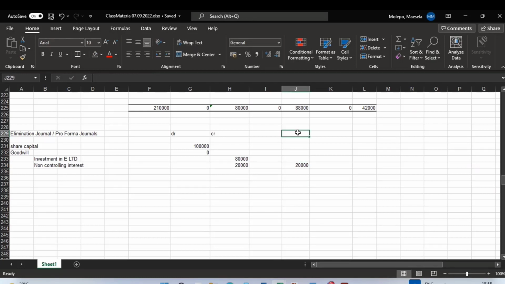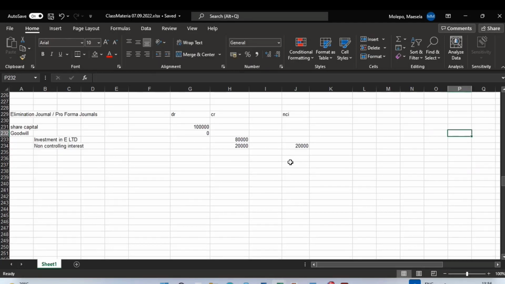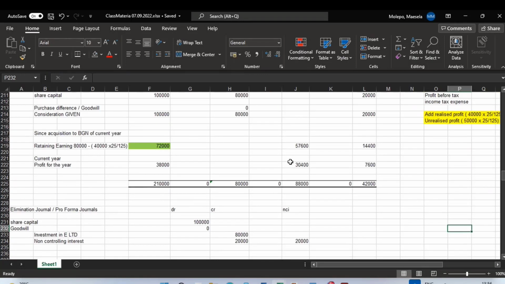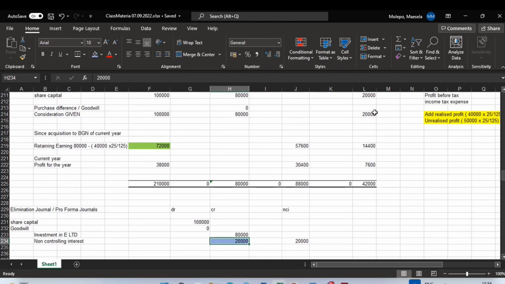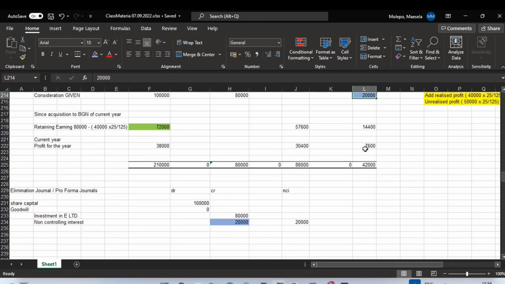We just name it NCI. It's not a big issue, this one. So we are still fine so far. So now we're going to go to the retained earnings, this one. Because this one is done.